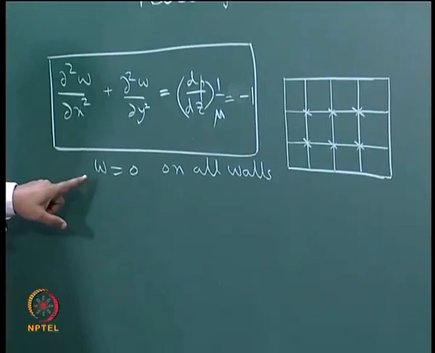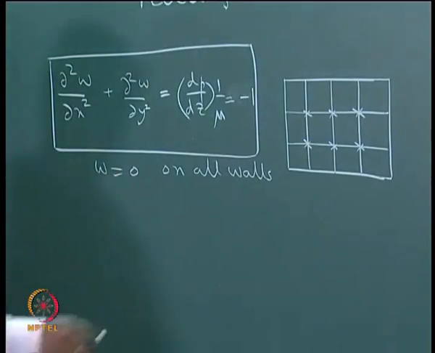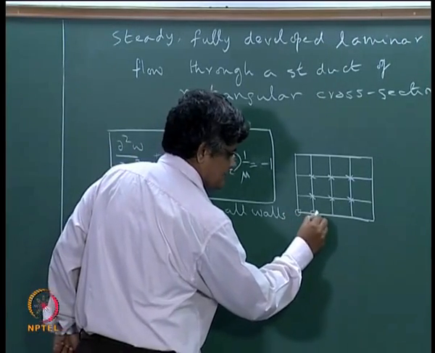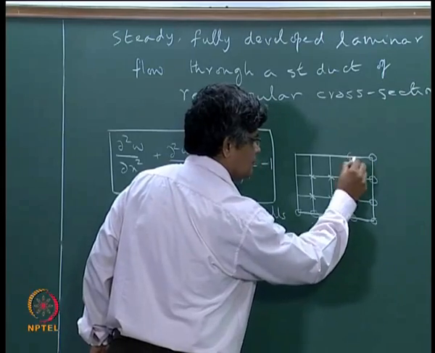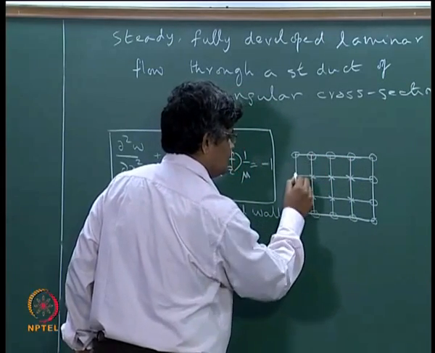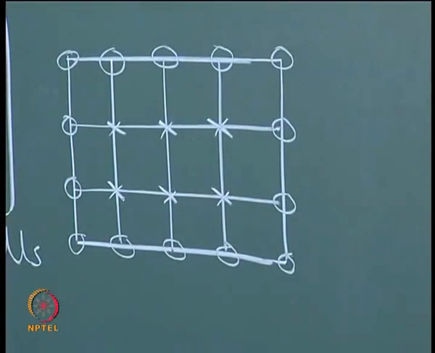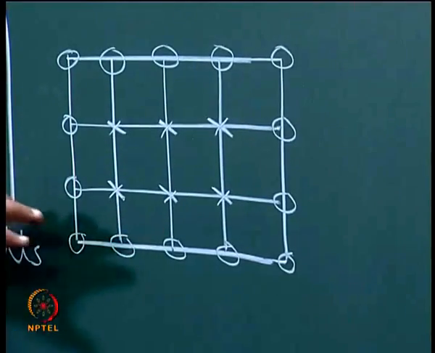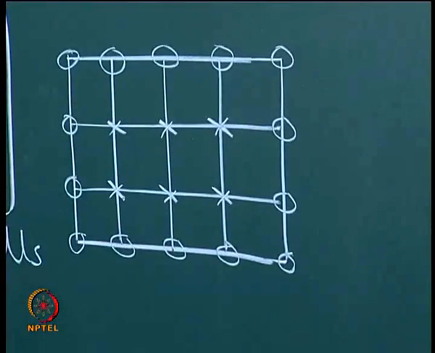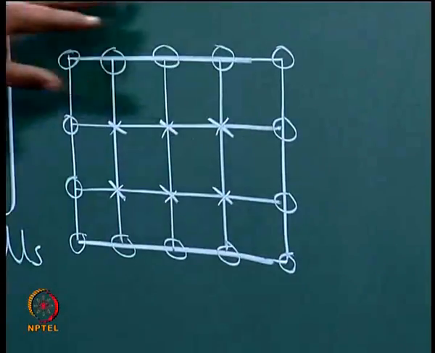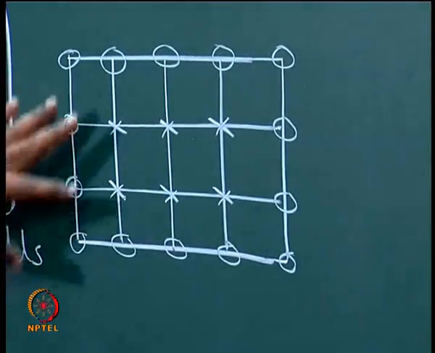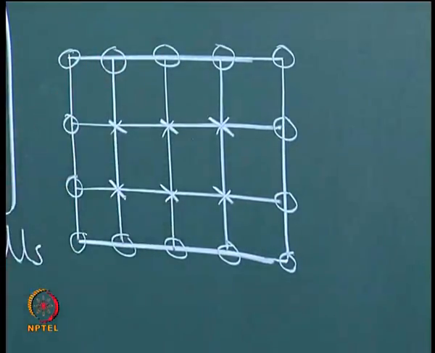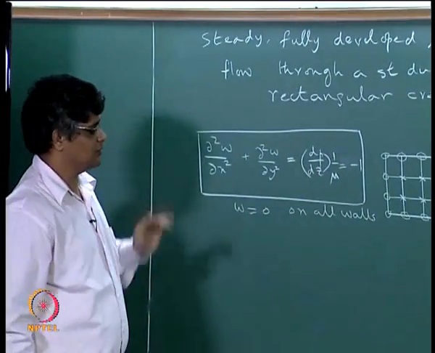As per the boundary condition that W is equal to 0 on all walls, these are the wall points. This is where the velocity is 0. So we would like to know the velocities at these 6 interior points, subject to the condition that W is equal to 0 at all the other grid points, and that the resulting W distribution at these grid points satisfies this relation approximately.